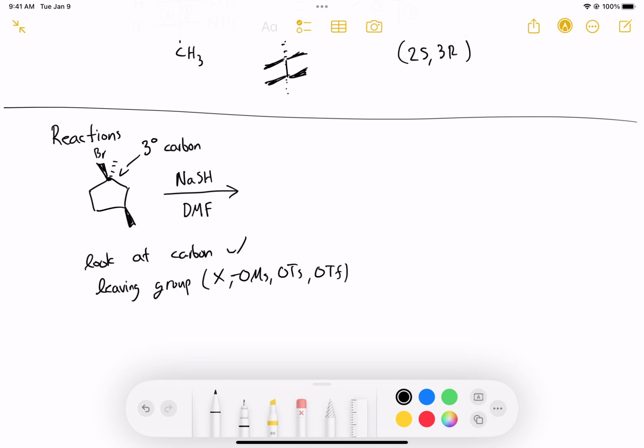Okay, so in this case, we're going to predict an SN1 type reaction / E1. And that's because we have a tertiary position. So tertiary always points to SN1, right? So we're going to draw a bunch of structures here. So this stereocenter stays the same. You don't change it because you didn't react at it.